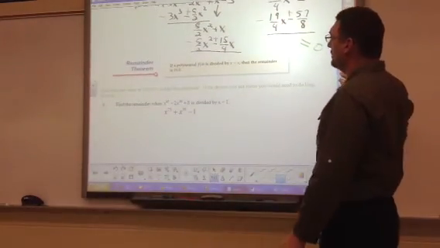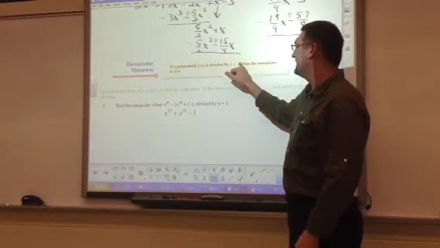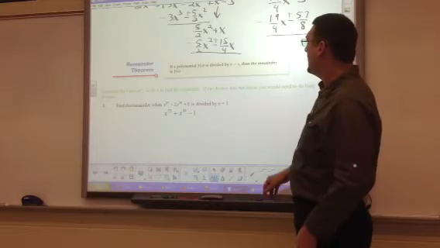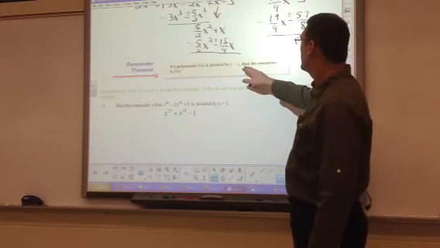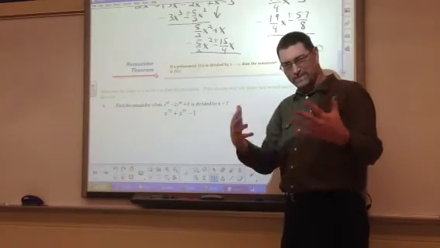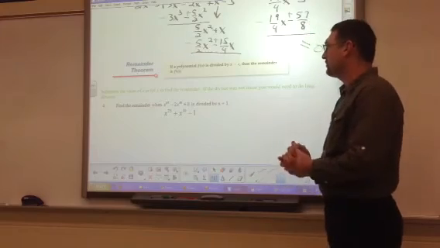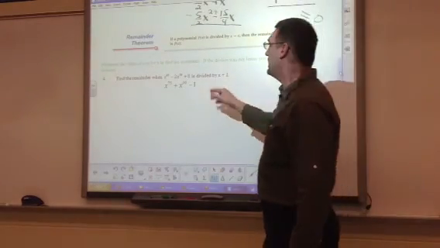The remainder theorem basically says if a function is divided by a linear factor, the remainder is f of c. When I put c in for x, I get the number for the remainder. So it says find the remainder for this.